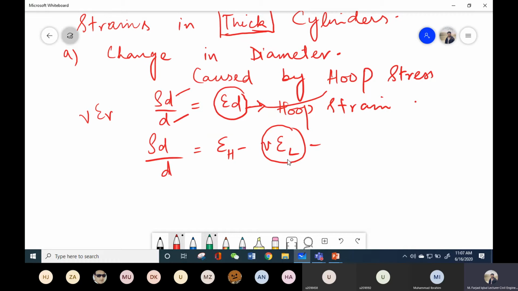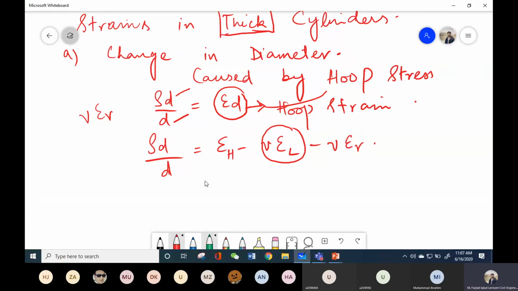But like we discussed yesterday, in the case of thick cylinder, we cannot neglect the radial stresses, and similarly we cannot neglect the radial strains, because their magnitude is comparable to the hoop stresses or the longitudinal stresses. So we have to consider this strain as well.